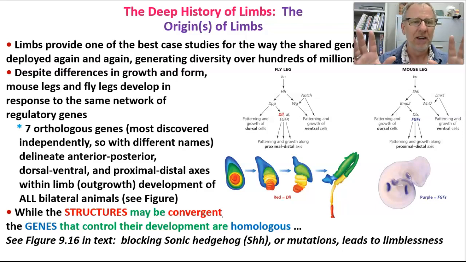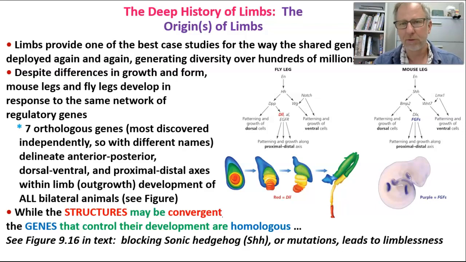And that's the big takeaway message here on this slide, is exactly that despite differences in growth and form in these different limbs, the genetic network is exactly the same, 7 orthologous genes. So the structures are convergent, meaning that limbs in an arthropod evolved independently from limbs in a tetrapod or a vertebrate.